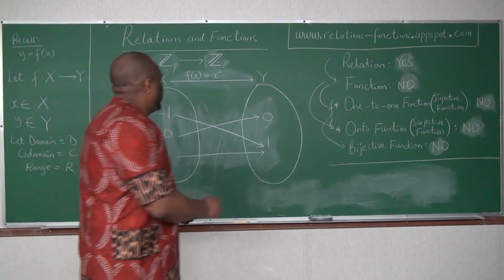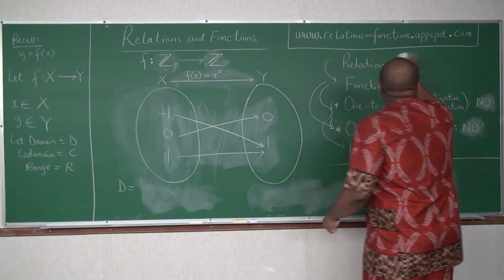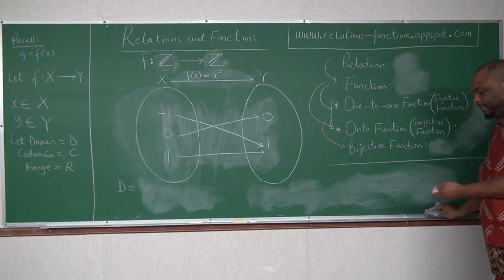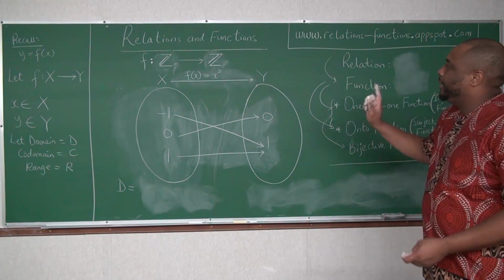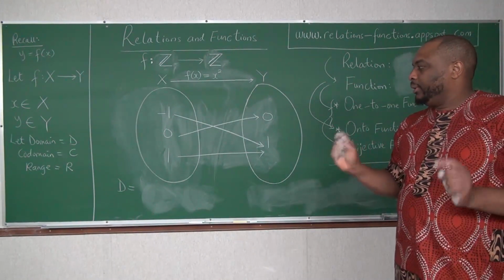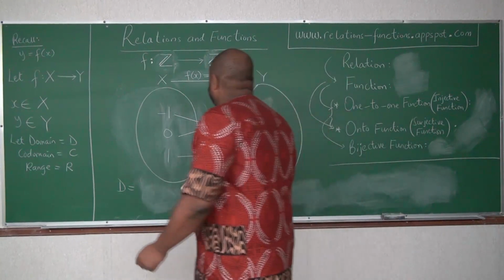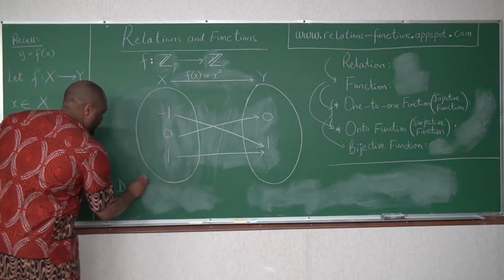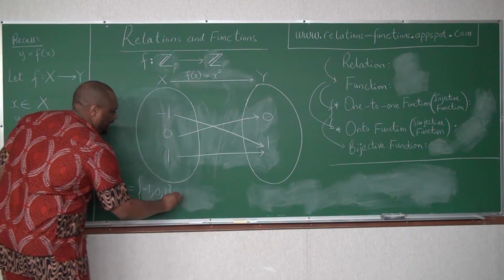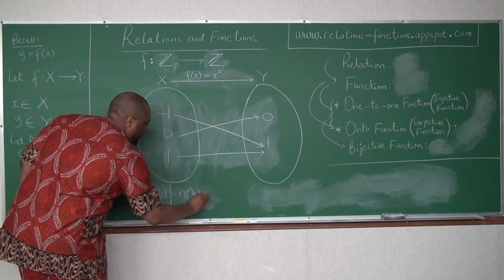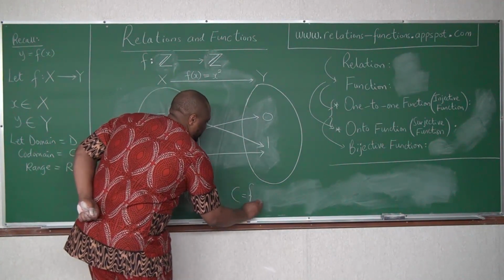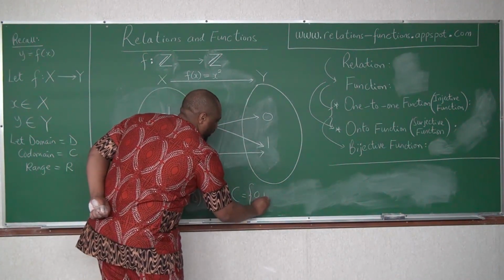First, is it a relation? The inputs, the domain, as we see here, is -1, 0, 1. The cardinality of the domain is 3. The codomain is 0, 1.